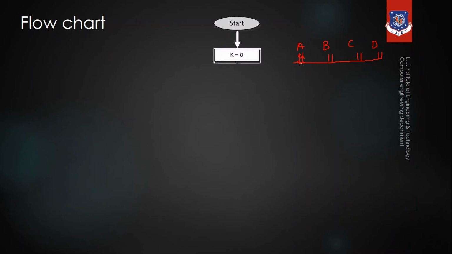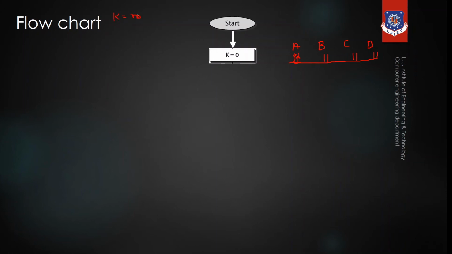So in the initial stage, the value of K will be 0. Now what is K? K means number of attempts, and the maximum value for K is 15.